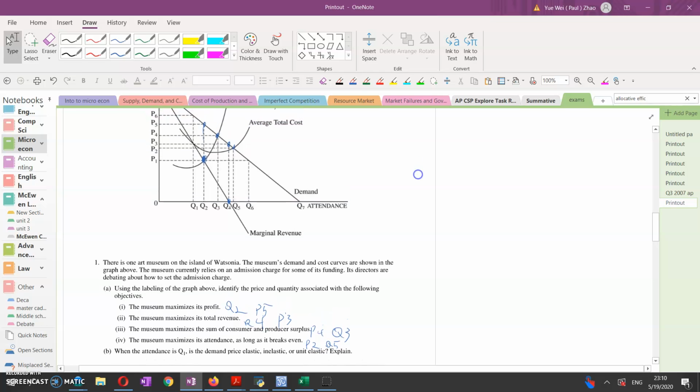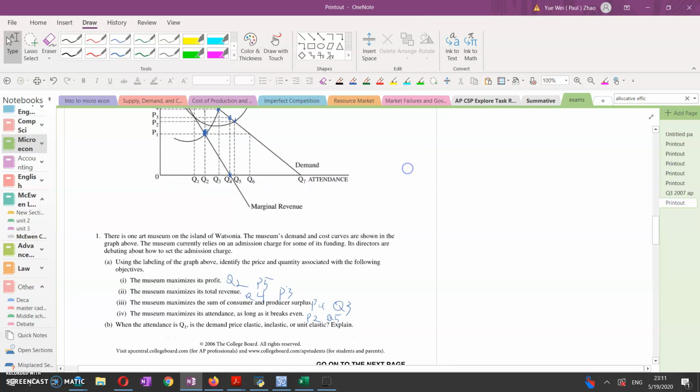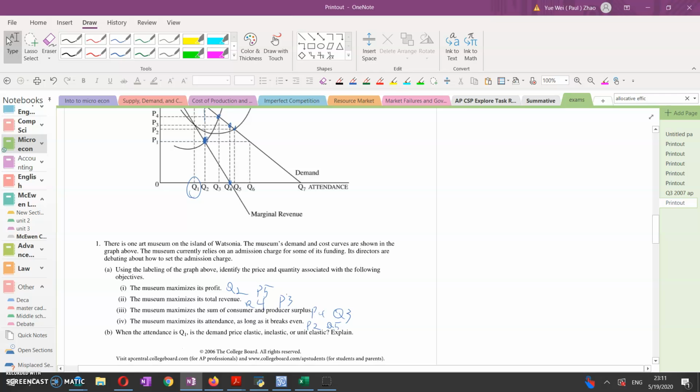When attendance is Q1, is the demand price elastic, inelastic, or unit elastic? Well, it is elastic because at this point Q1, it is at a point where marginal revenue is still positive.